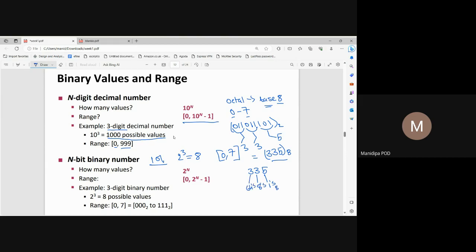So basically 8 to the power 0, 8 to the power 1, 8 to the power 2. Let's break it down: 3 into 8 square plus 3 into 8 to the power 1 plus 5 into 8 to the power 0.